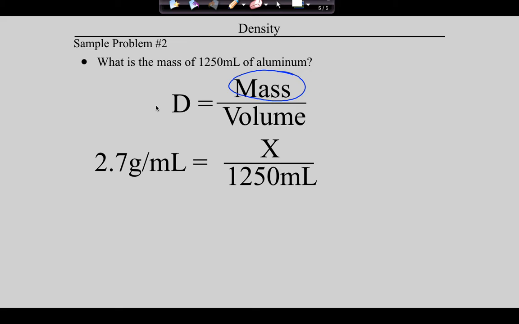I would suggest that you're about to do the second most powerful thing you learned in intermediate 1. Remember cross multiplying? Oh boy, that was fun, huh? Guys, in order to solve this for X, all we've got to do is cross multiply, right? So 2.7 times 1250. But we need to watch significant digits. How many significant digits in 2.7? 2. How many significant digits in 1250?